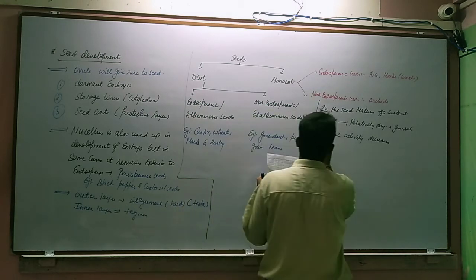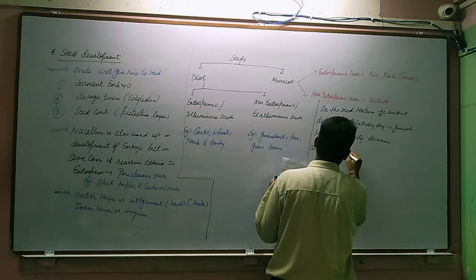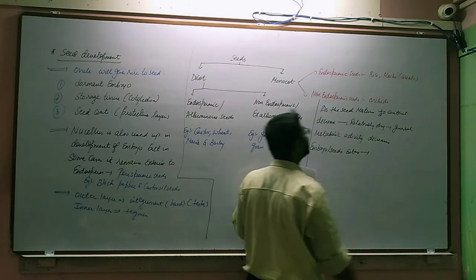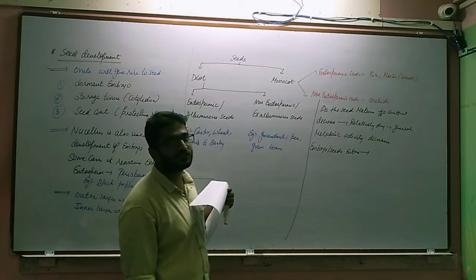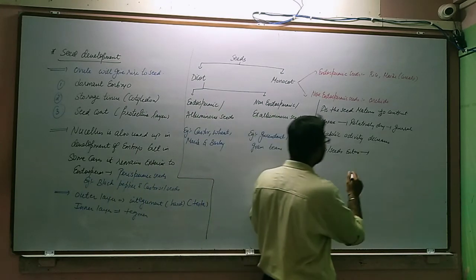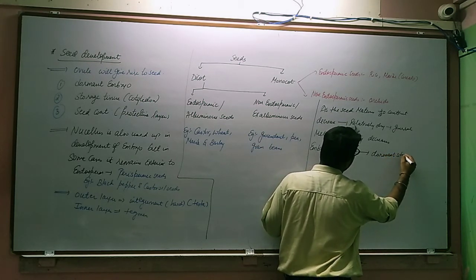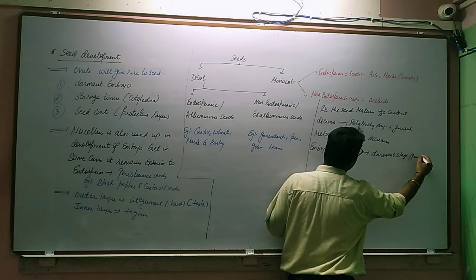So basically the embryo or the seed enters an inactive stage of its life, and that stage is called the dormant stage or dormancy period.